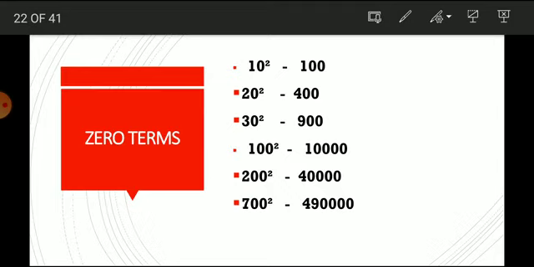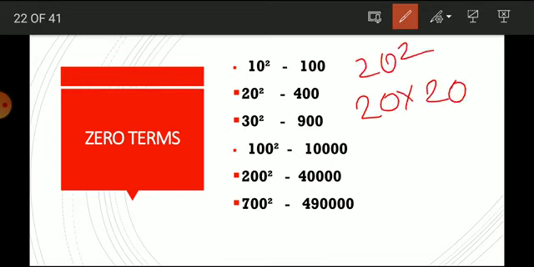After that, 20. Now I want to take 20 into 20, so this is 20 square, right? 20 square means we write 20 two times and multiply.